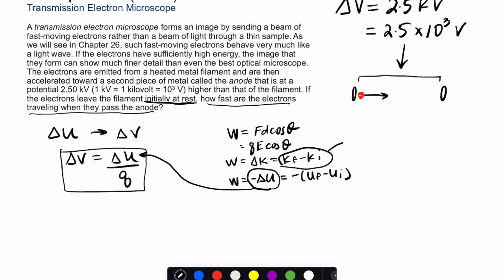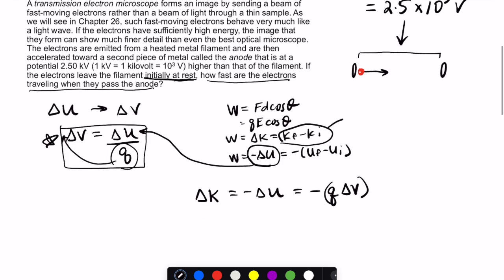So first, I'm going to express delta K in terms of delta U. So delta K is going to equal negative delta U. And we're not given delta U, but we're given delta V. So I'm going to use this relationship here to further express delta U as Q delta V. All I did was move the Q in front of the delta V here.